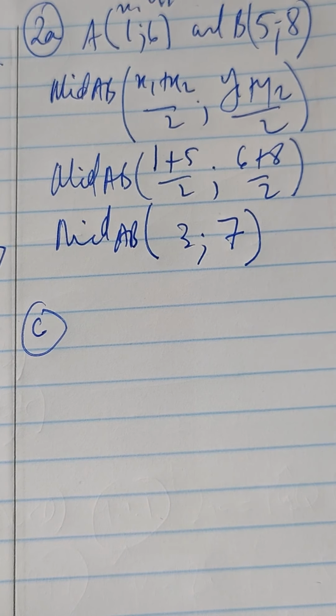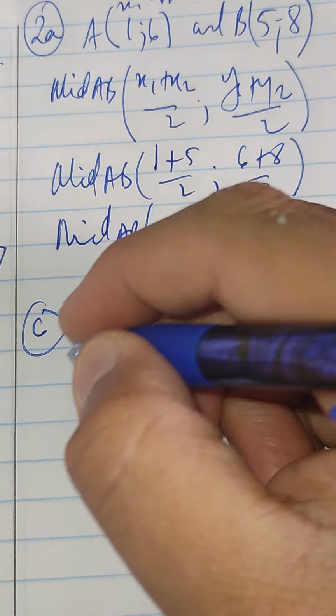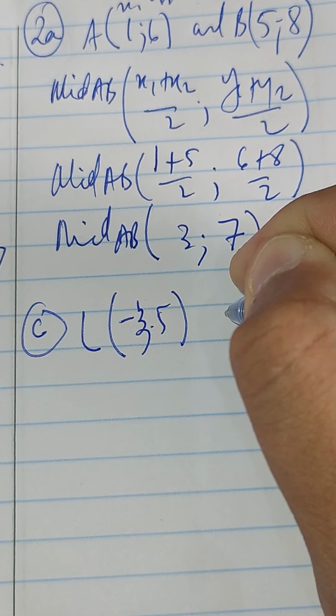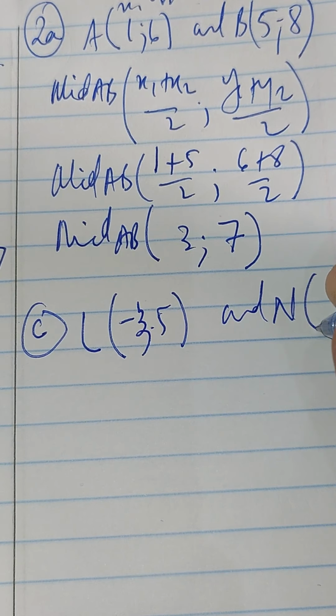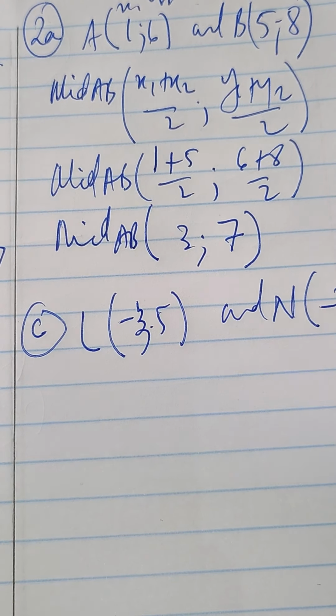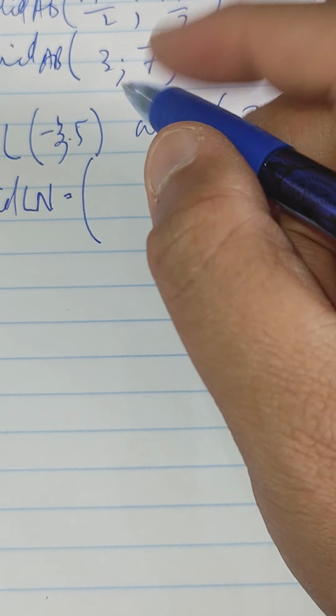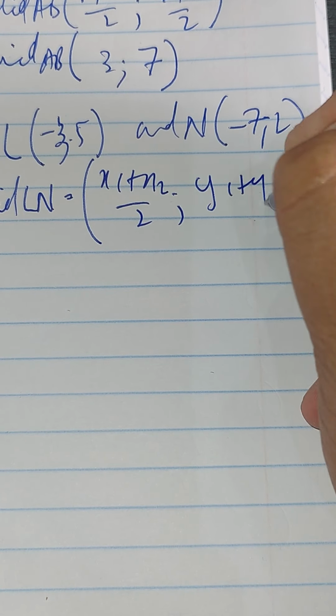2c is going to be L, which is negative 3 and 5, and N, which is negative 7 and 2. Okay? So the midpoint of LN is going to be x1 plus x2 over 2, y1 plus y2 over 2.